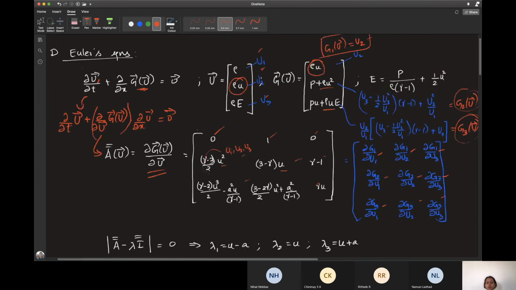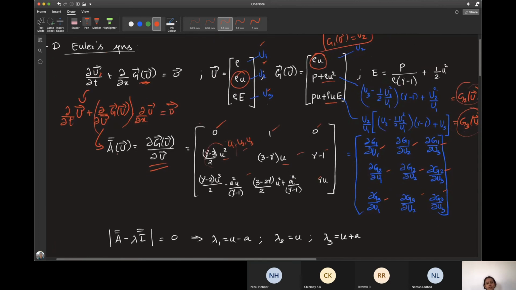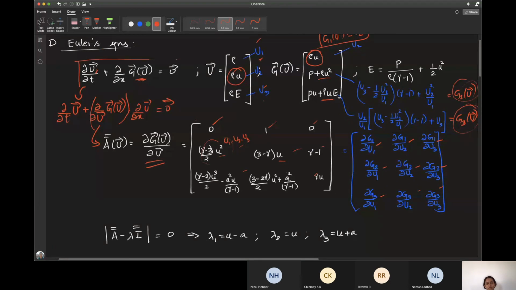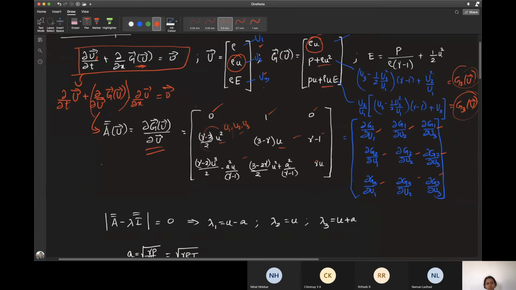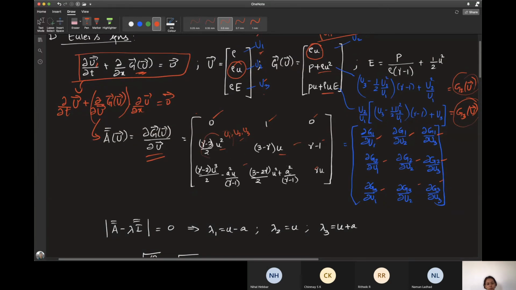So now your Euler system of equations can be written in terms of some general system of conservation laws with some matrix. So now you have a system like this, right? This is the same system that we saw now, except that this matrix is not constant here for the Euler system.